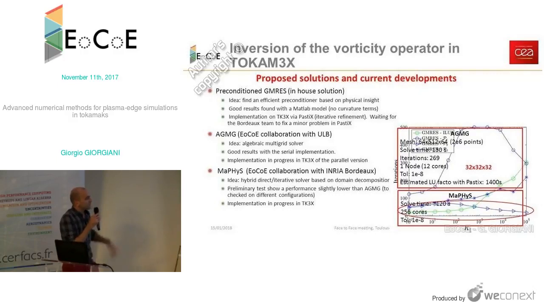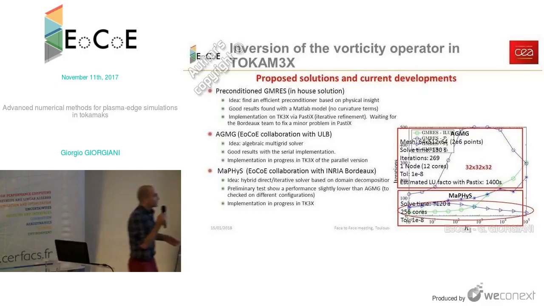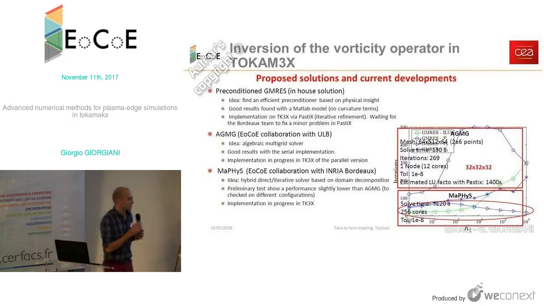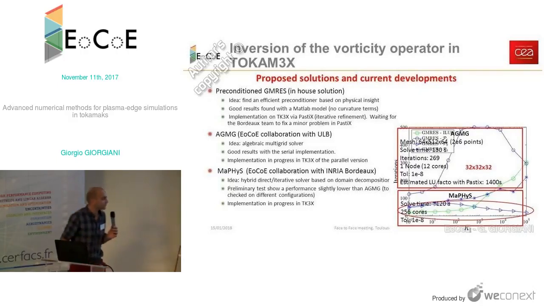We have a solve time of 130 seconds on one single node, but we were using a tolerance which is very strict, which is not at all the tolerance that we will be using in the real computations. It's something that we also have to check: what is the tolerance that we need to have a result which is acceptable from a physical point of view.